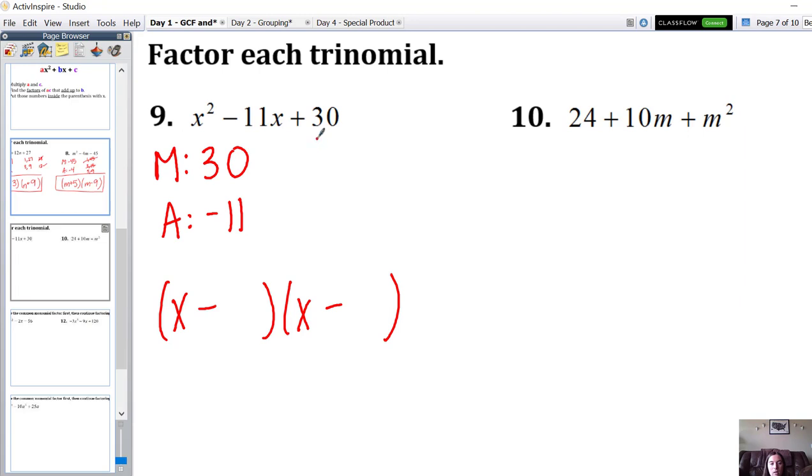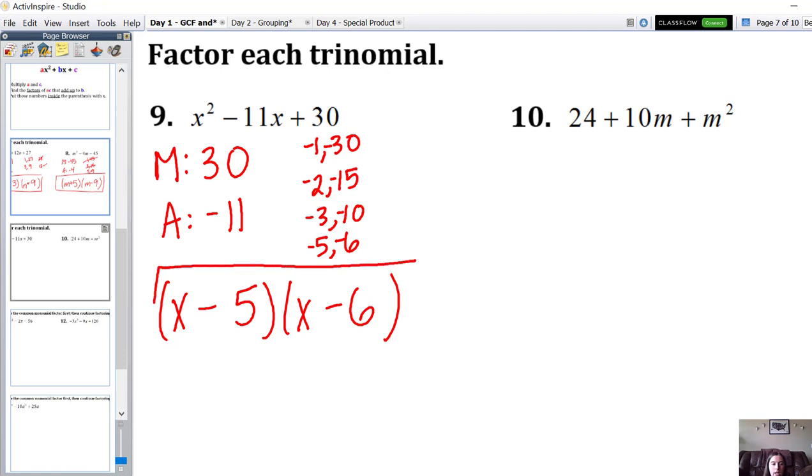So my factors of 30: 1 and 30, 2 and 15, 3 and 10, 5 and 6. Now, both numbers have to be negative here. Which ones get me to negative 11 when I add them together? That's my negative 5 and my negative 6. So my factors here are x minus 5 and x minus 6.